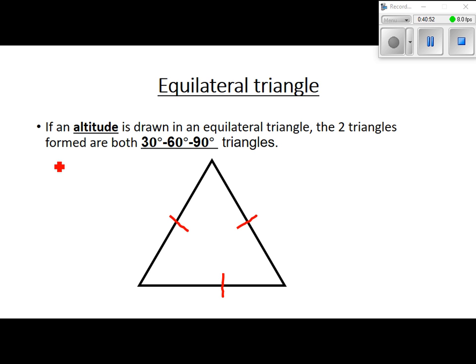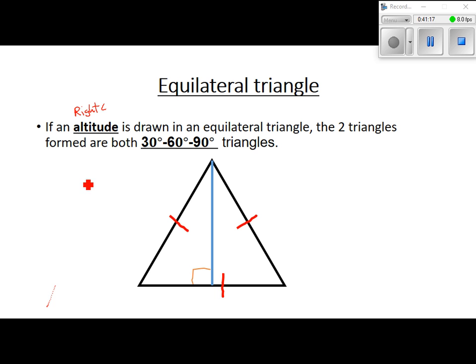What should you think of as soon as you hear the word altitude? 90 degrees, right angles. So if I draw an altitude in, how would I draw an altitude? From a point down, and what's it going to form when it gets down here? Right angles, good. So it's going to look something like that. It's going to have a right angle down there.